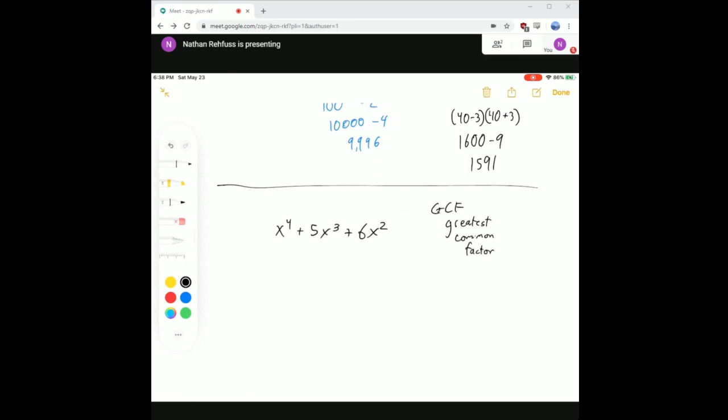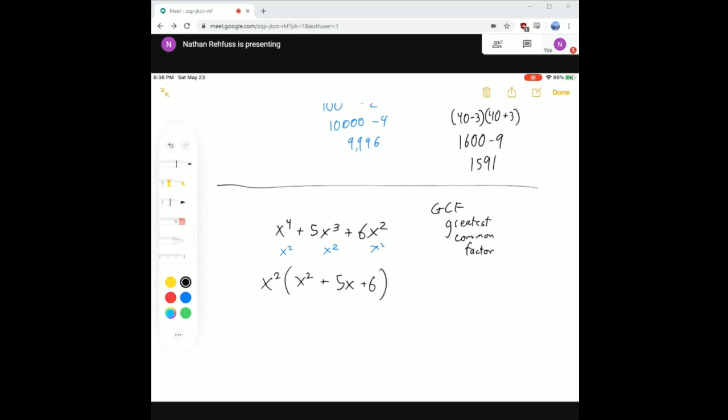Taking out a greatest common factor is great. Look, x squared goes into this term, and this term, and this term. So if I factor out an x squared, x squared times x squared is x to the 4th, x squared times 5x is 5x cubed, and x squared times 6 is 6x squared.